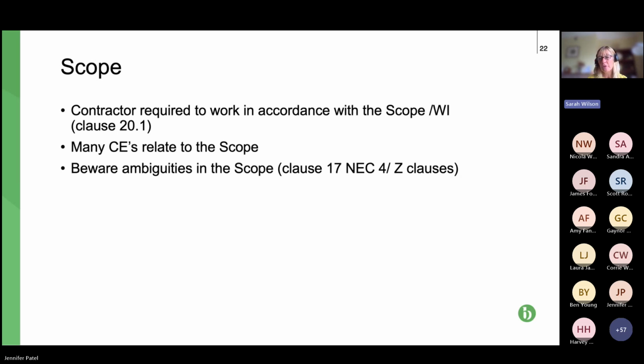Yeah, so we've briefly covered the scope, or works information. What I wanted to say here was, the first point is just beware of ambiguities in the scope. That's the last bullet point. It might sound obvious, but scopes or works information are quite often quite long, quite detailed documents, and it's amazing how often one provision will say something and then something later on in the document will contradict it.